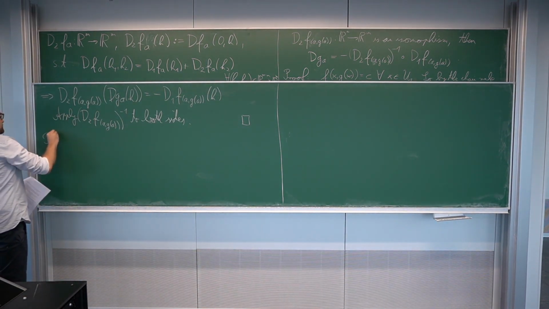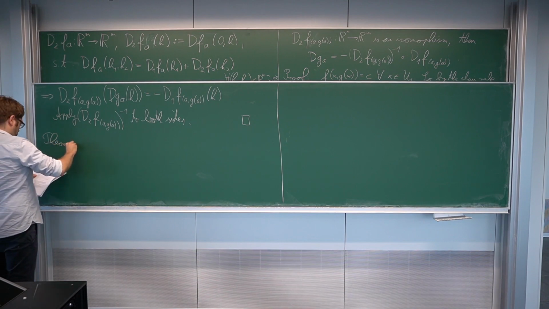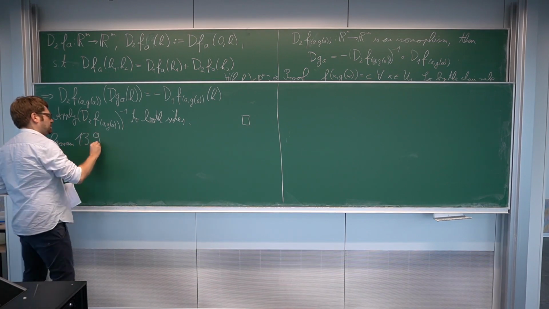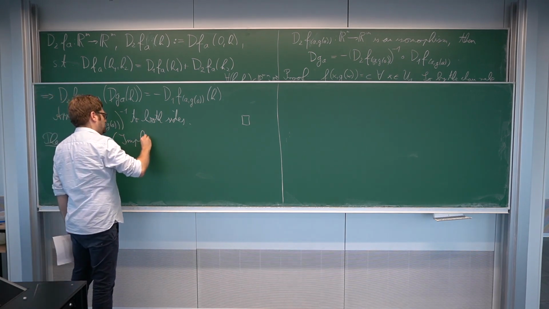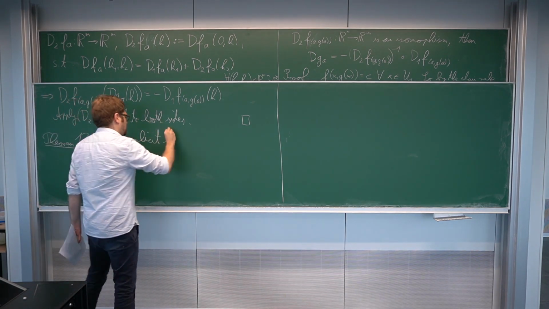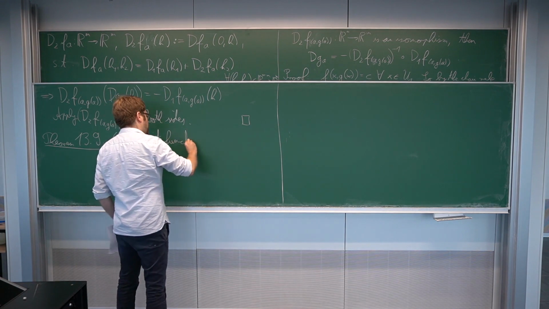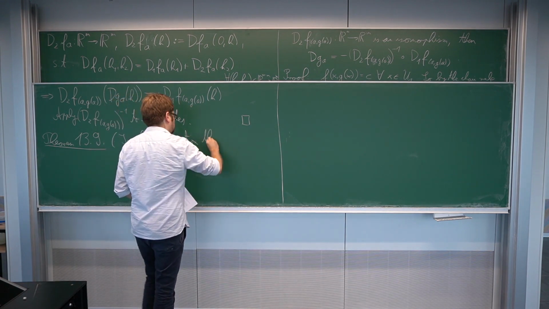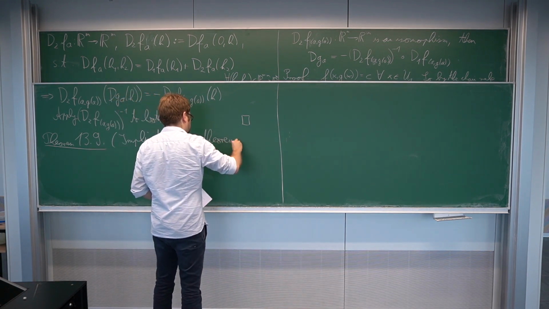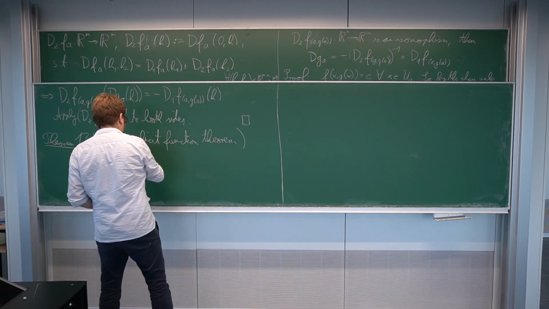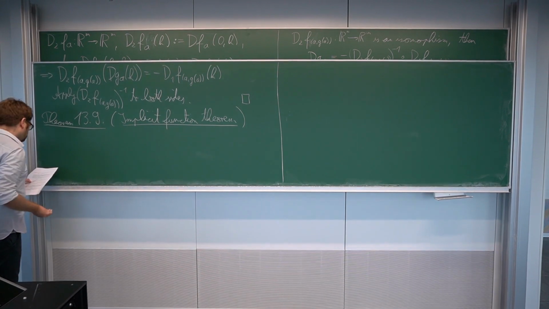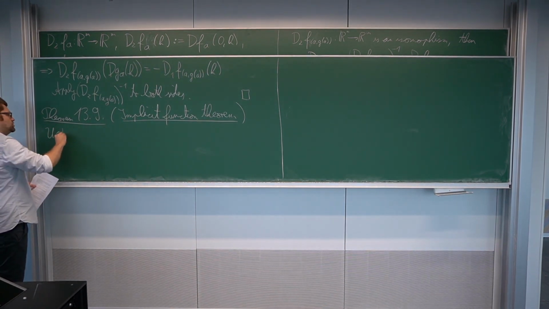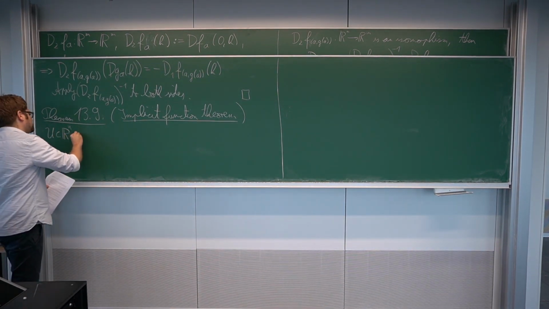So, theorem 13.9, the famous implicit function theorem. Okay, now the following setting. Now a bit more general, we have an open subset U of Rn.